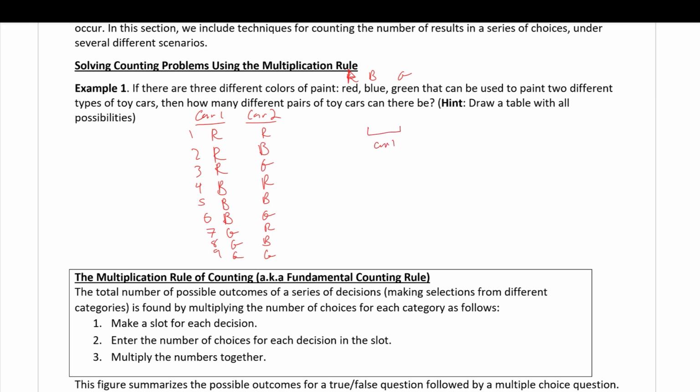Car 1, car 2. Okay. Enter the number of choices for each decision in each slot. Well, for car 1 we had how many choices? Well, 3, red, blue, or green, right? And then for car 2 we also had 3 choices. And then we just simply multiply these numbers and we get 9, which was exactly the same count as we got before. Okay.